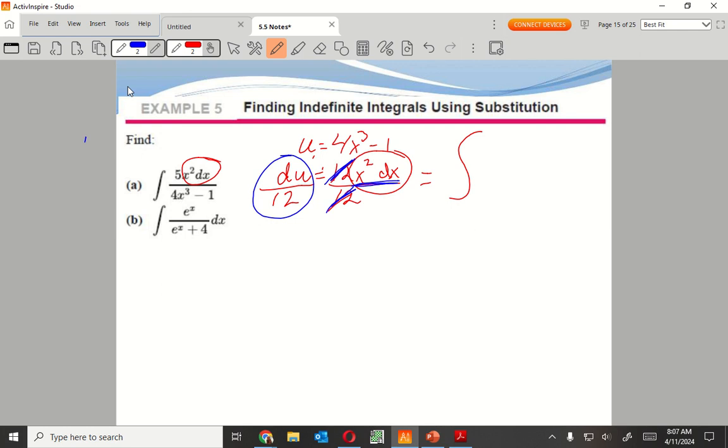So that means that right here I'm going to have 5 times, and I'm replacing all of this. All of that is going to be replaced with this. So that's going in place now. So the du over 12.